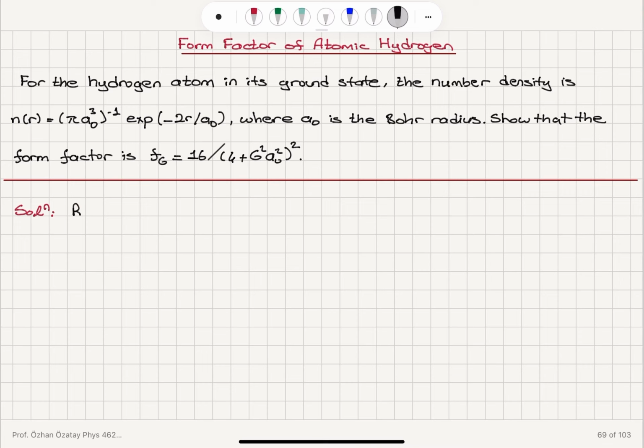For a spherical distribution, we had an important result in the lecture notes: the atomic form factor is given by 4π times the integral from 0 to R, the radius of the atom, of n(ρ), the electron distribution function, times ρ² sin(gρ)/(gρ), the sinc function, dρ. Now we're going to adapt this result to the hydrogen atom.